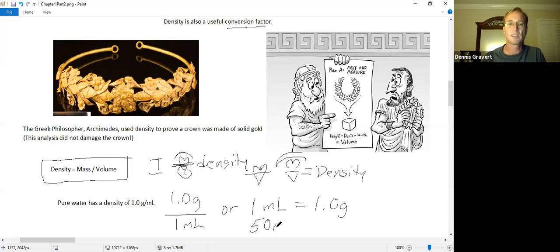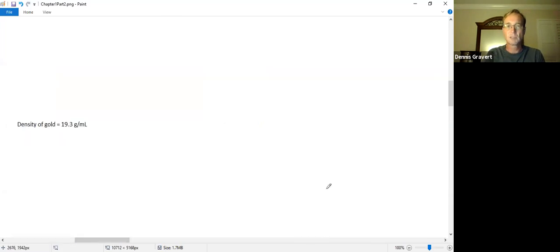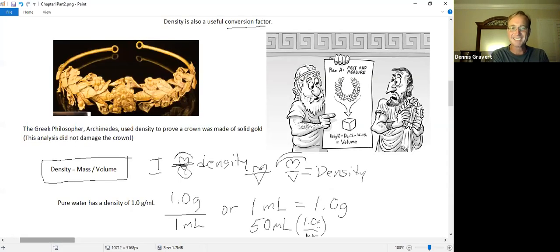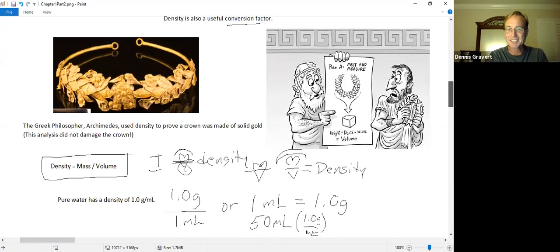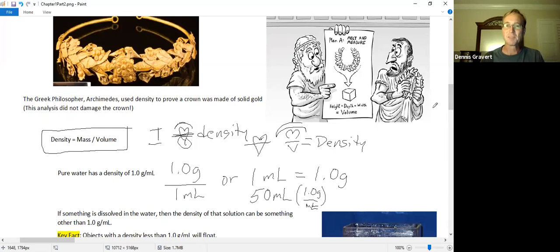If you have 50 milliliters, well then, the density of water is 1 gram per milliliter, so the milliliters will cancel, and then you'd have 50 times 1, which is 50 grams.